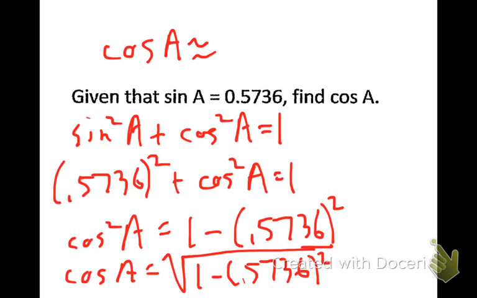Yeah, you should get 0.8191. I'm not sure where you went wrong, Emma. You'd enter the square root of 1 minus 0.5736 squared.